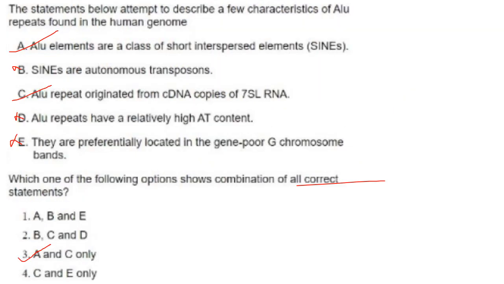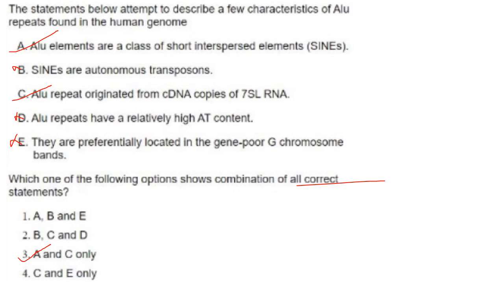Then next one. The statements below attempt to describe a few characteristics of ALU repeats found in the human genome. ALU elements are a class of short interspersed elements, SINEs. Choose the combination of all correct statements. Yes, the first statement is correct. SINEs are autonomous transposons? They are not autonomous.